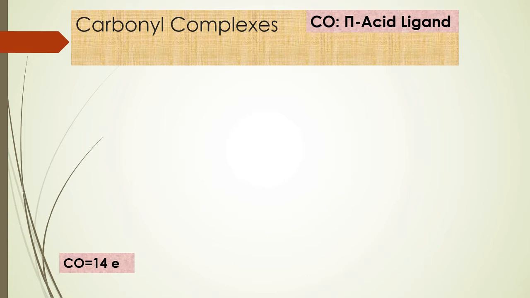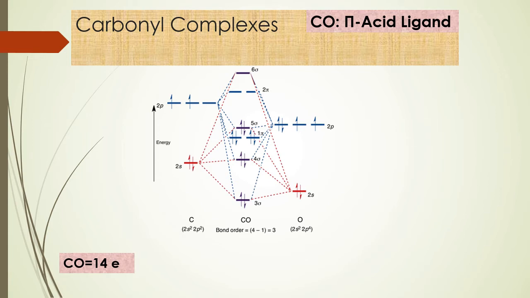Now before discussing how these metal and carbon bonds are formed, or how the carbon monoxide pi acid ligands are formed, we should know the electronic configuration of carbon monoxide. In carbon monoxide there are a total of 14 electrons, 6 from carbon and 8 from oxygen.